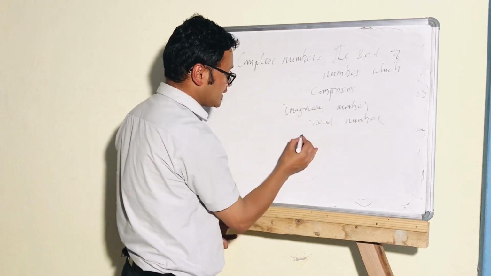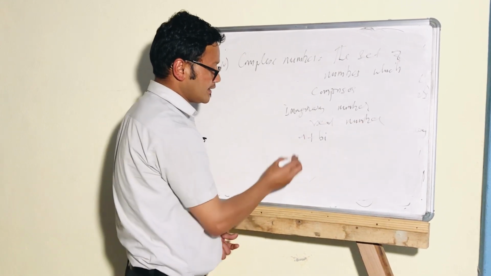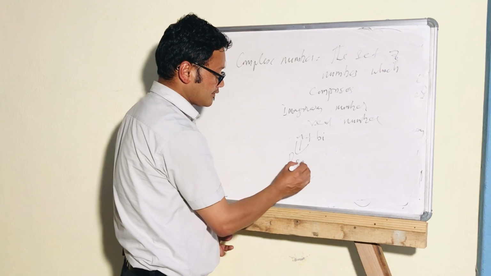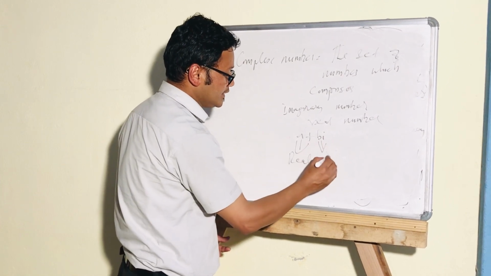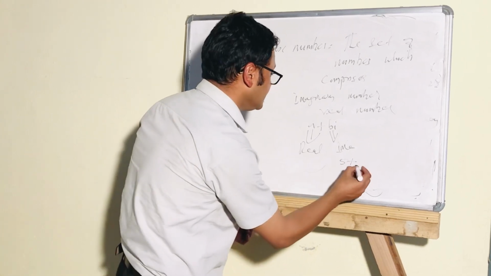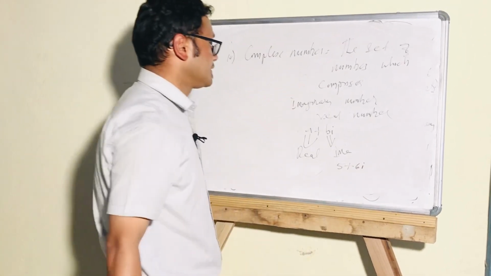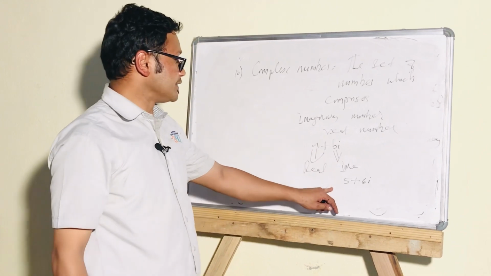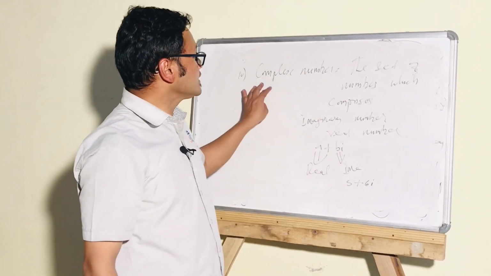So the form is a plus bi. a is the real number, and bi is the imaginary number. The example is 5 plus 6i. This is an example of a complex number.